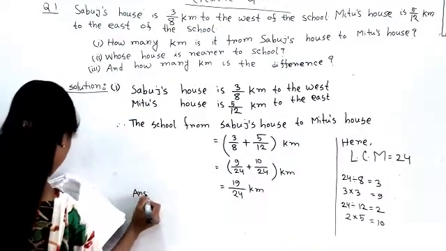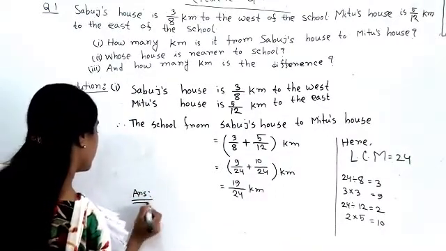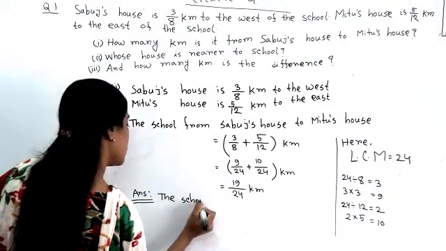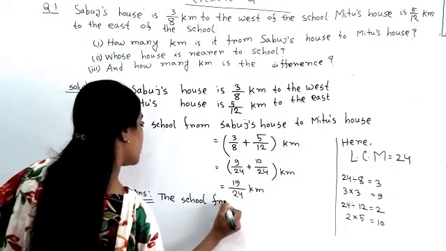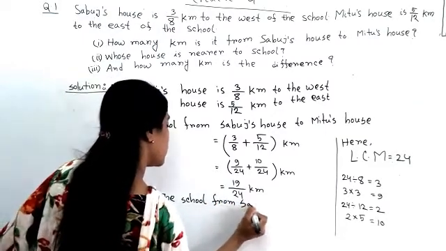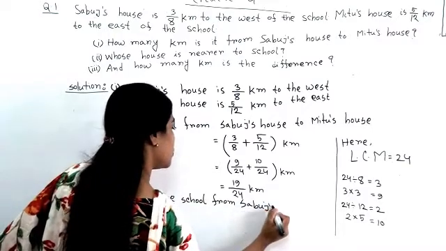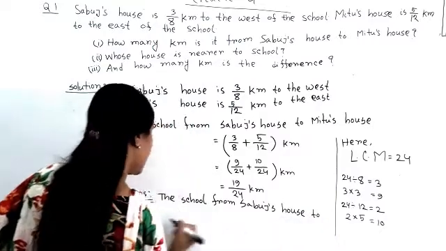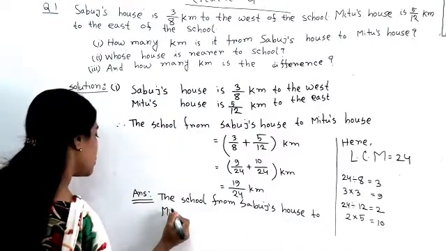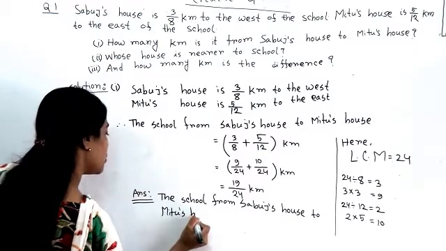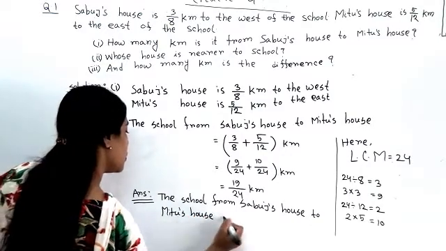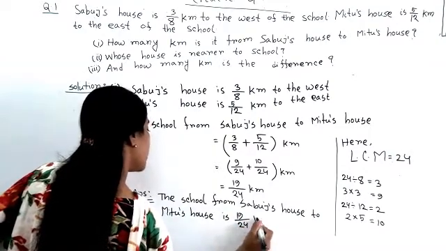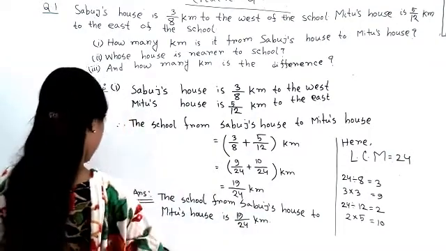Answer: the school from Shobu's house to Mitu's house is 19 divided by 24 kilometer.